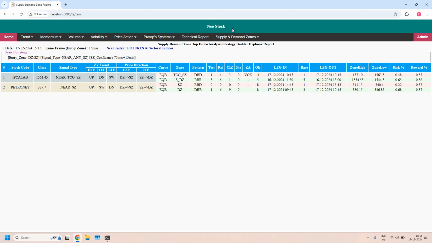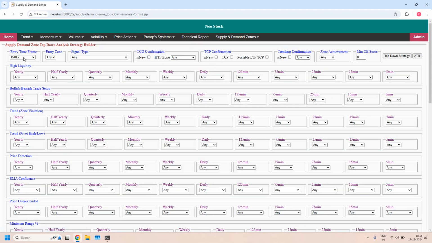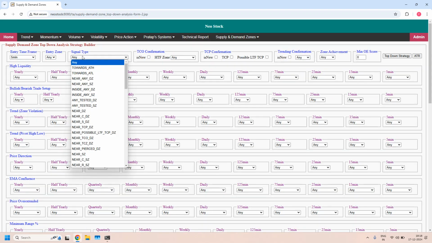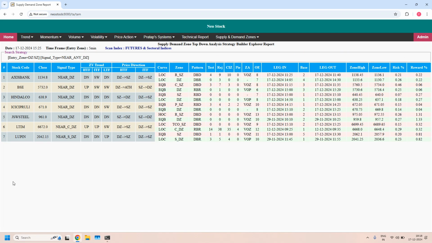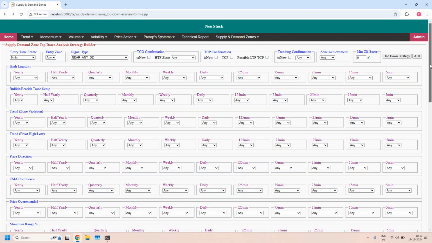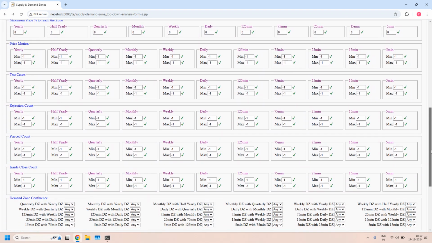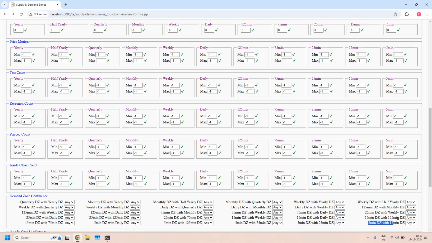Okay, next time frame is 5 minutes. Stocks near 5 minutes demand zone. We got 7 stocks. Out of these 7, how many are having ITF demand zone confluence? Let us verify. That is 5 minutes demand zone with 15 minutes demand zone confluence. I am enabling the filter.